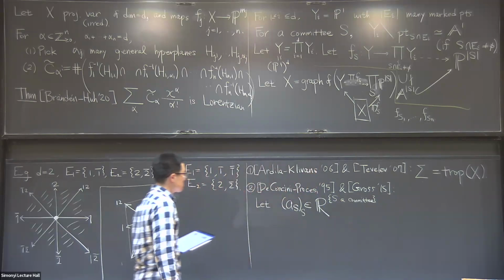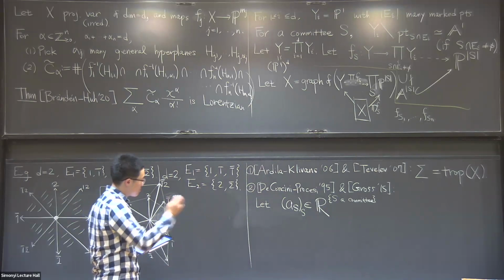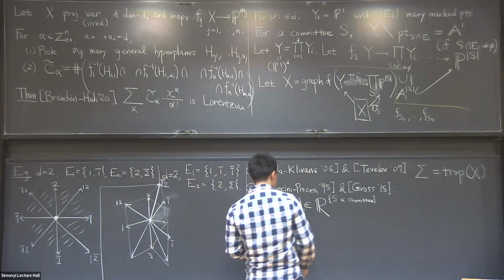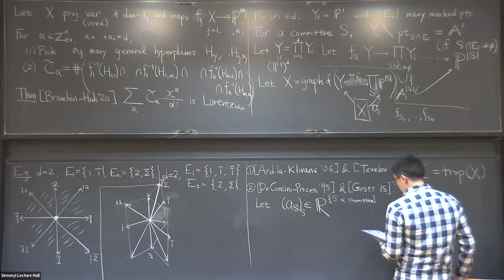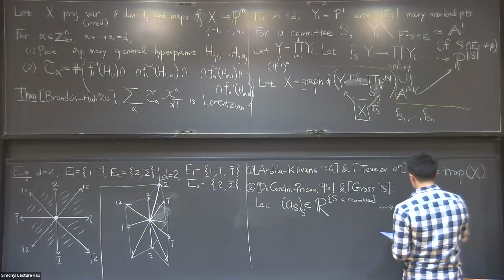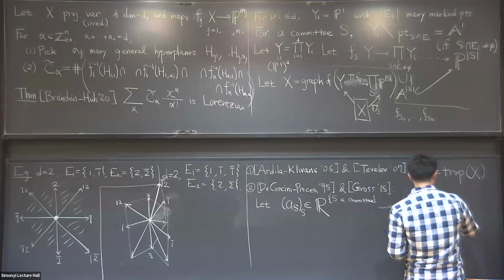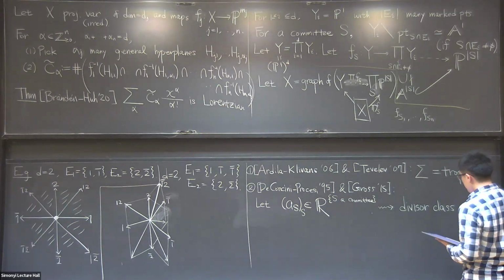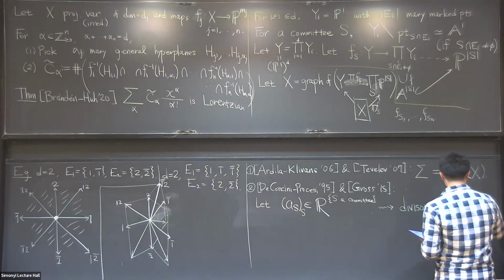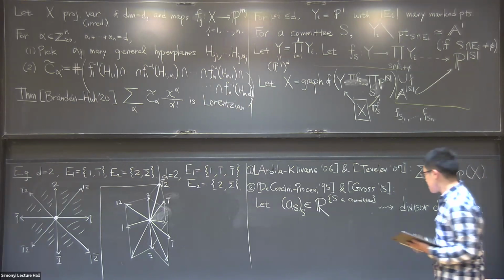So I have a tuple of numbers, one number for each. What this work gives you is a divisor class, or if you like to think of it as a homological class of a hypersurface, some sort of divisor class, like these D sub S's, a homological class that controls the intersection number.